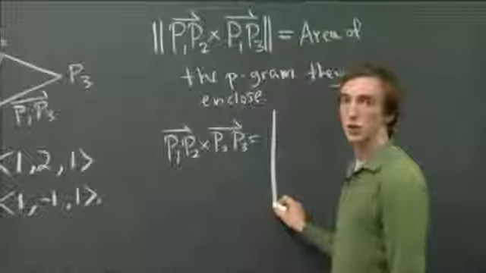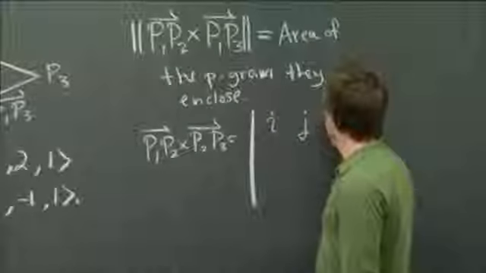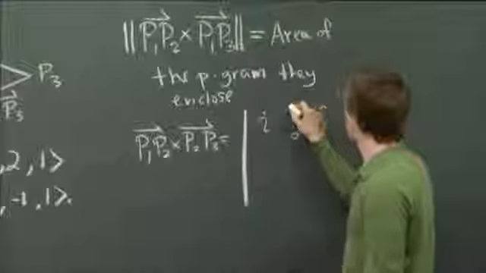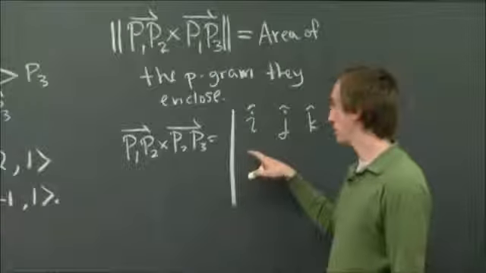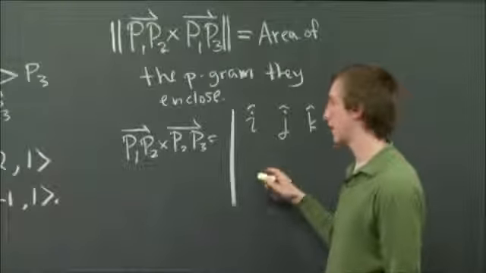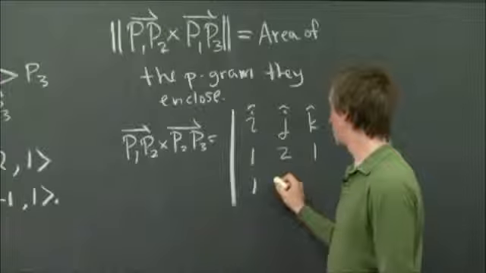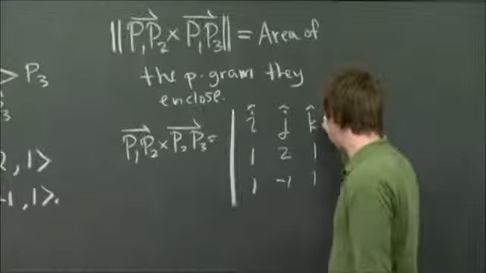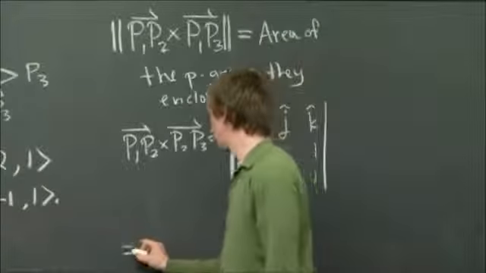So remember, to compute a cross product, we take the determinant of a matrix where we put in our unit vectors, i, j, and k. And then the remaining entries of the matrix are just the entries of our vectors. So we do 1, 2, 1, and 1, minus 1, 1. OK? And so we can compute this.